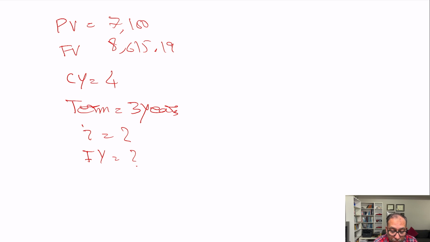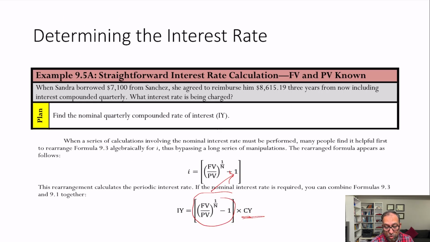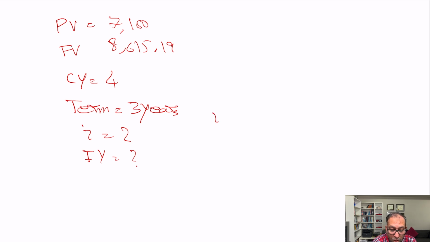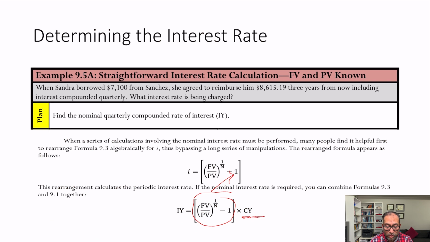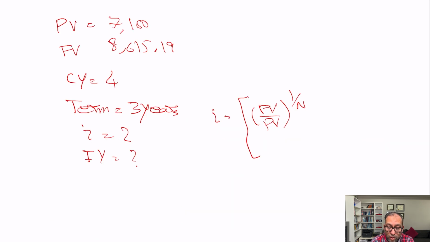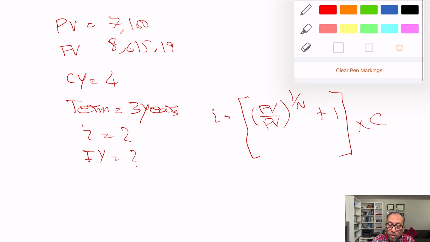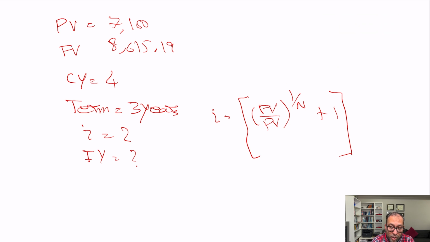The formula, if I write it down once again: I is equal to future value divided by present value, exponential 1 by n, minus 1. The CY we will multiply later, when we find IY.